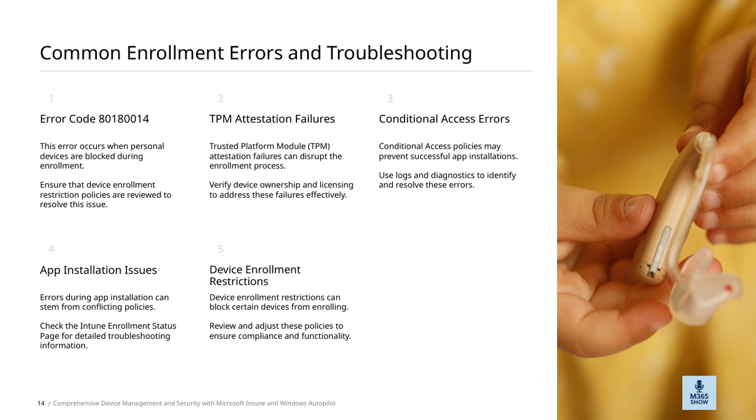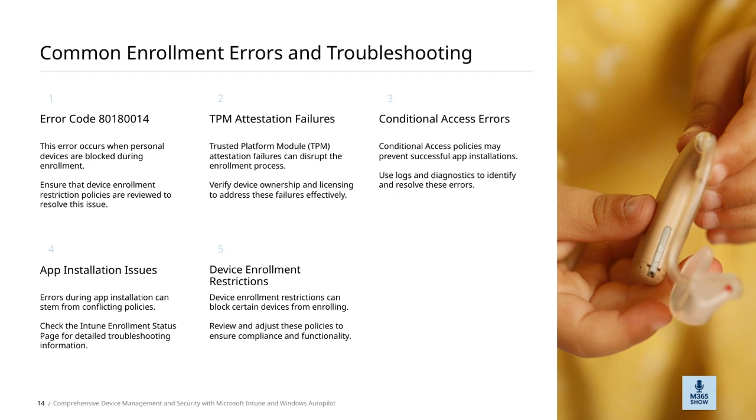Moving on to TPM attestation failures, these can disrupt the enrollment process by failing to verify device integrity. To fix this, we need to verify device ownership and ensure the correct licensing is in place, which can resolve these attestation issues.